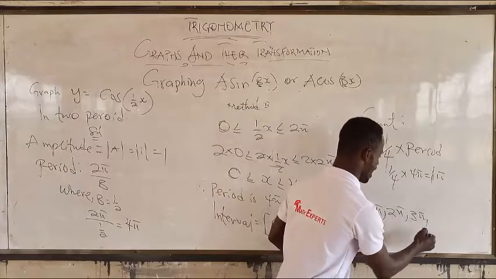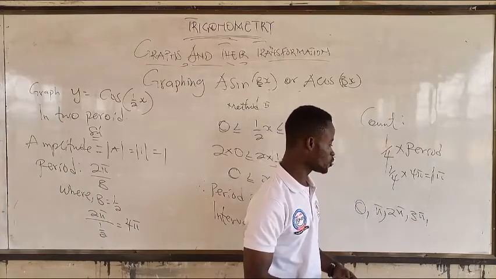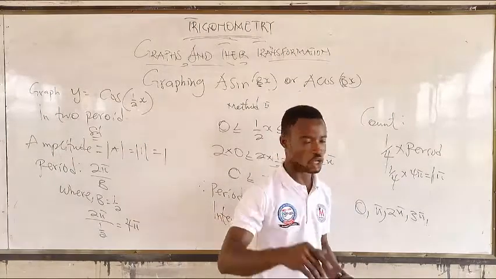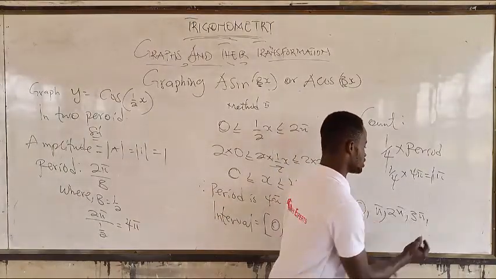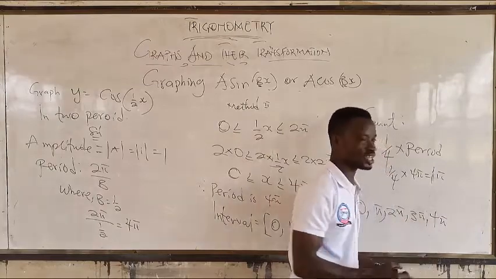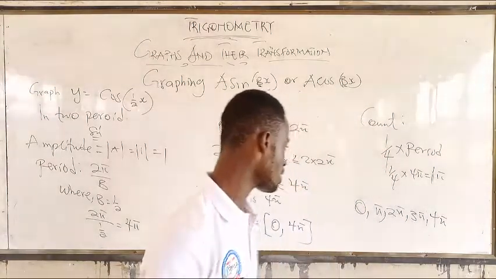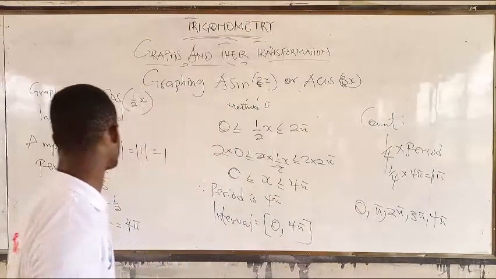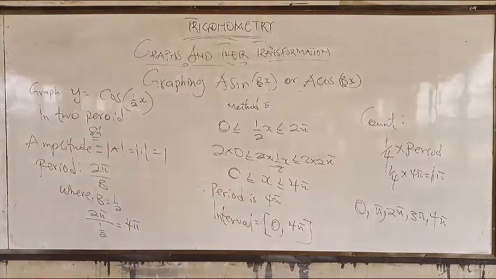Then you bring the pi. You keep doing this till you get to the period 4 pi, then you stop. 1 plus 3, you get 4 pi, then you stop because that is the period. So what is going to be the point? Let's go for the table. I hope I can clean it.